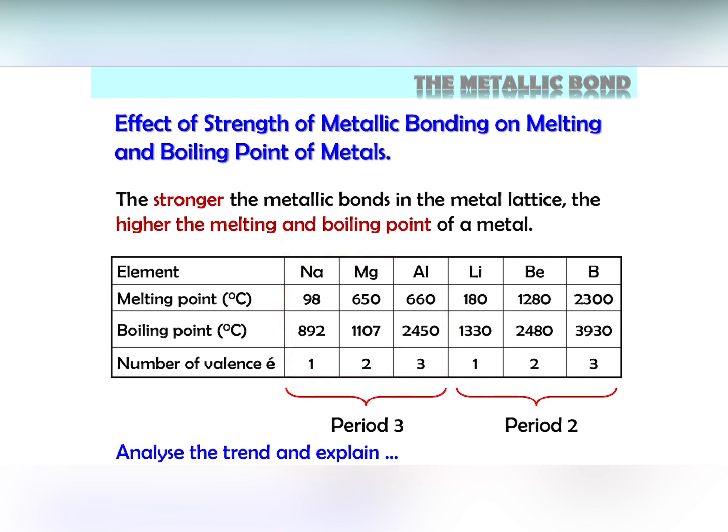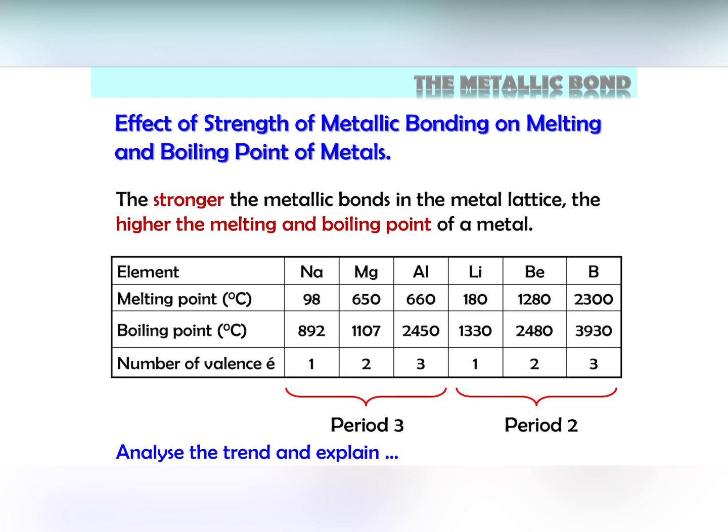Okay, so sodium, magnesium and aluminium, you can see melting point 98, 650, 660, increase kan. And boiling point 892, 1107, 2450 degrees Celsius, so increase. So you can see the higher the number of valence electrons, maksudnya the strength of the metallic bond increases, and the result will be melting point and also boiling point will also increase.